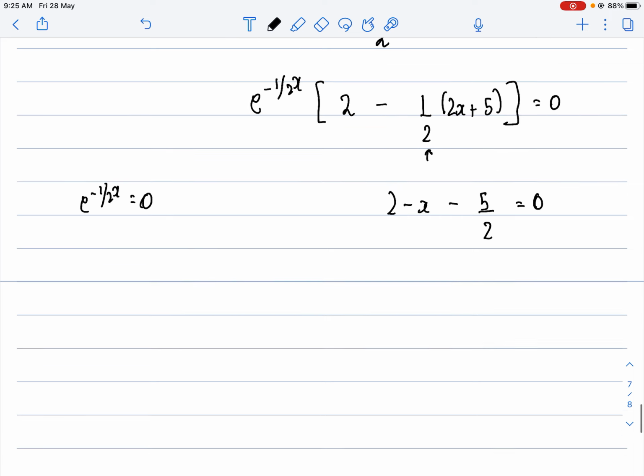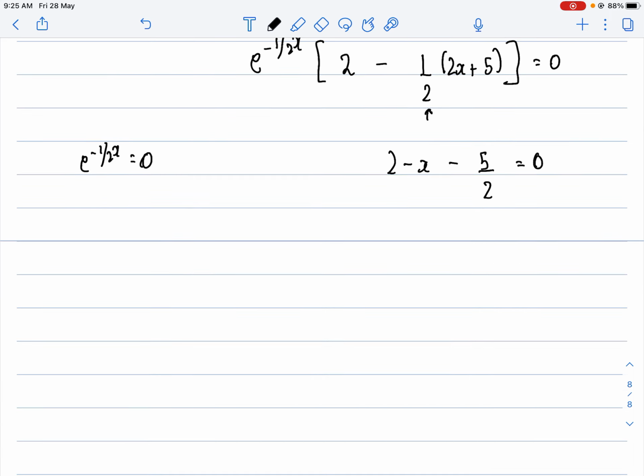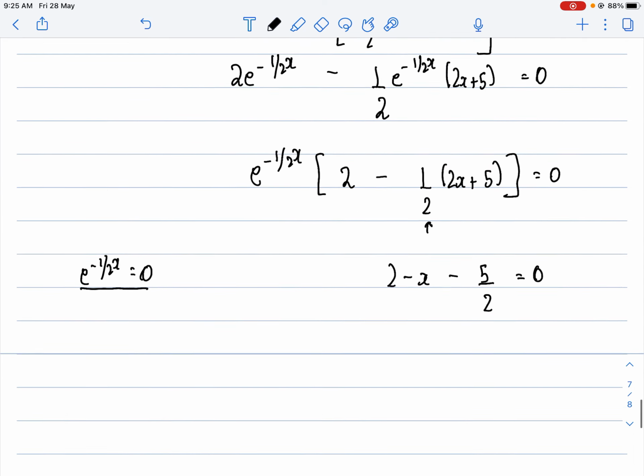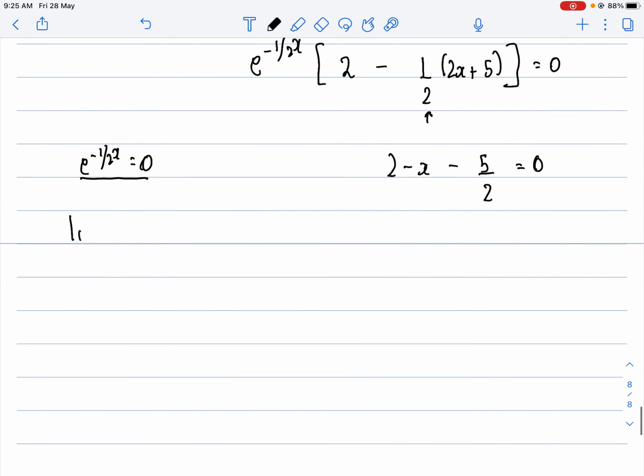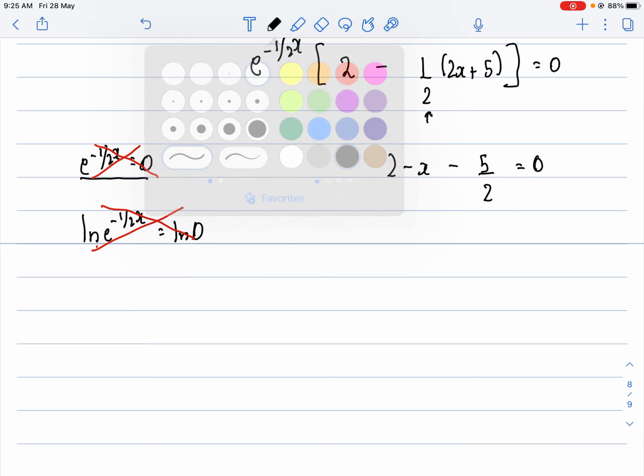So if I take the first into account, I simply need to take the log of both sides. So I'll get ln e raised to minus half x equals ln 0. Now I know log of 0 isn't possible, so I simply cancel this off, correct? I'll never get the value of x with this root, because log of 0 isn't possible.